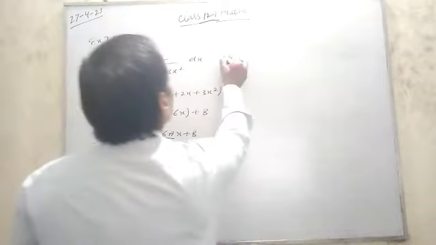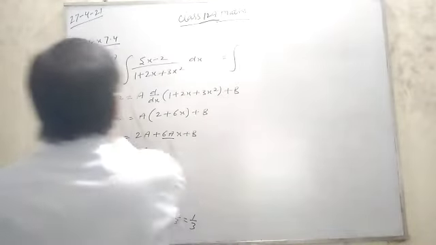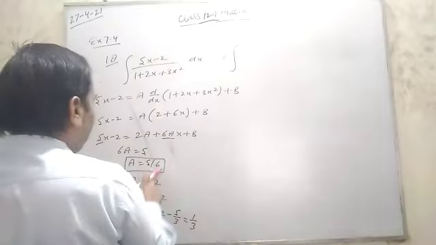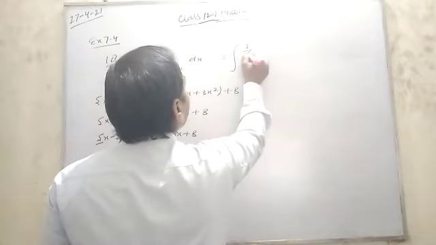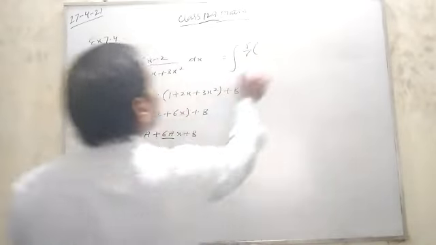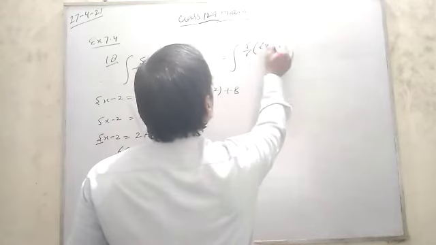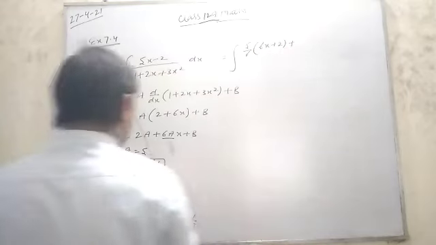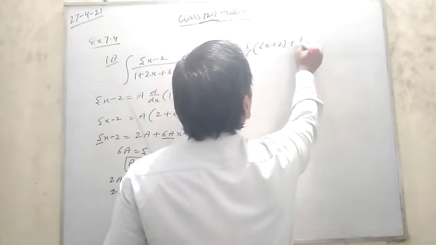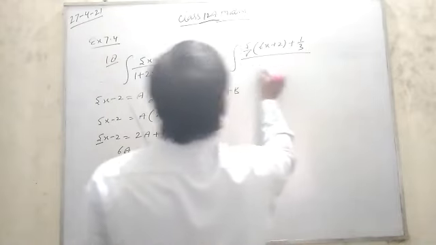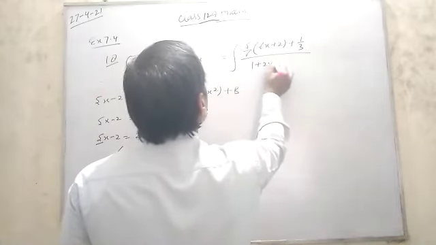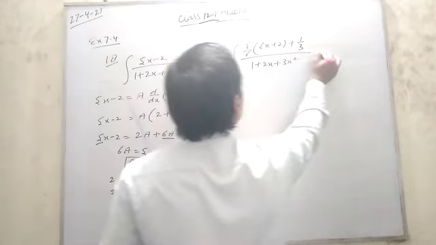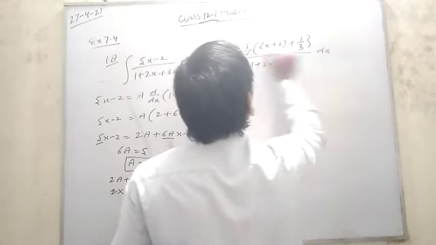So in place of that, you put the a and b values. Here I am writing: in place of 5x minus 2, a means 5 by 6 times the differentiation of this, 6x plus 2, plus b value, upon 1 plus 2x plus 3x square dx.